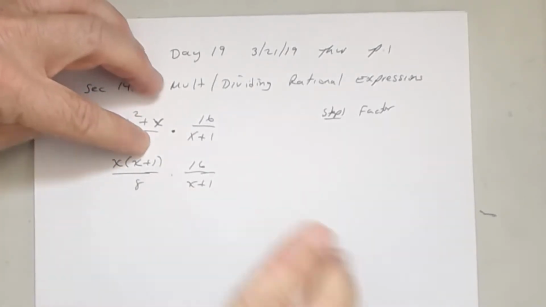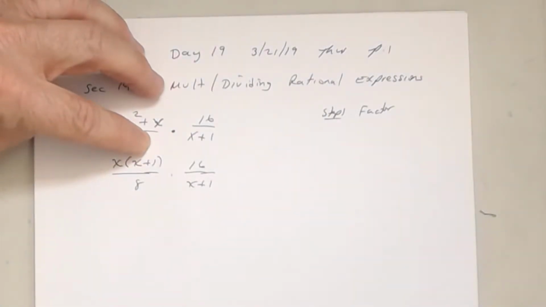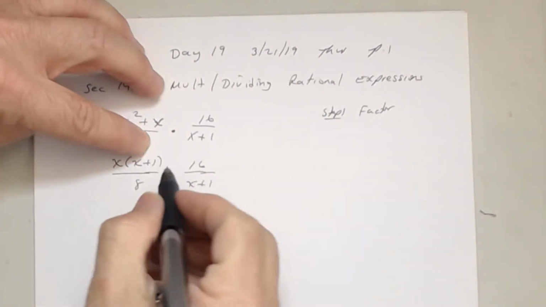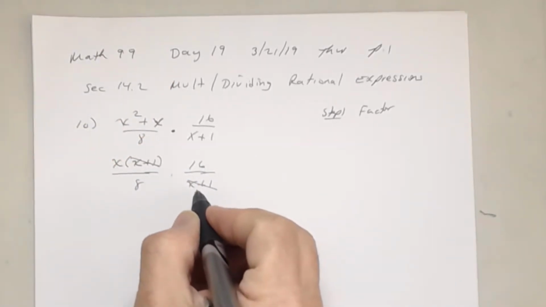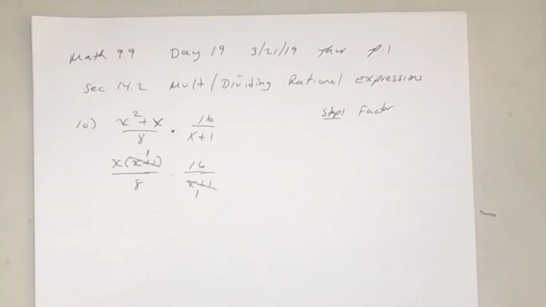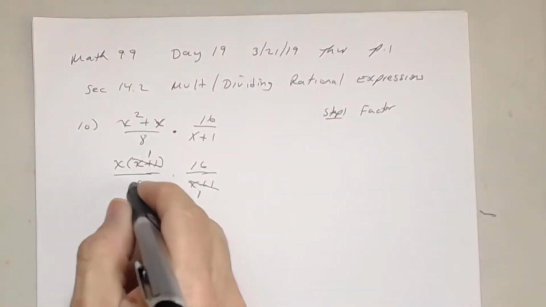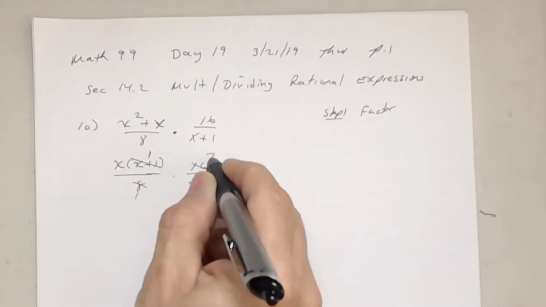X plus 1. Does x plus 1 occur as a factor anywhere in the denominators? Yes. So you can divide those out, meaning x plus 1 over x plus 1 is 1. So you put the factors of 1s in their place. The next factor you see is 16. Does 16 reduce with anything in the denominator? The 8. 8 goes into 8 one time, and 8 goes into 16 two times.